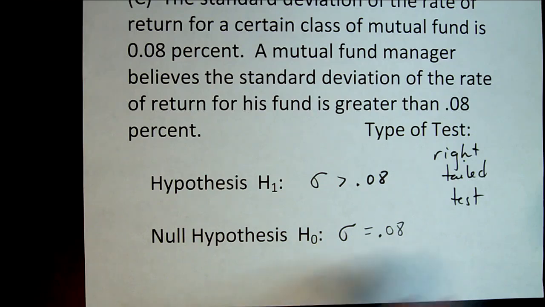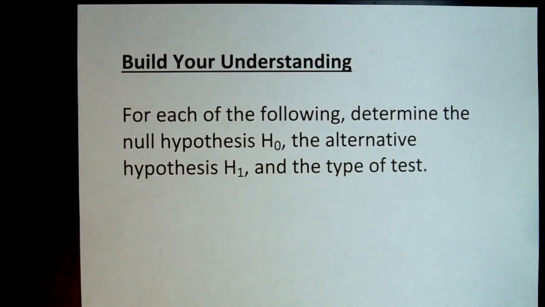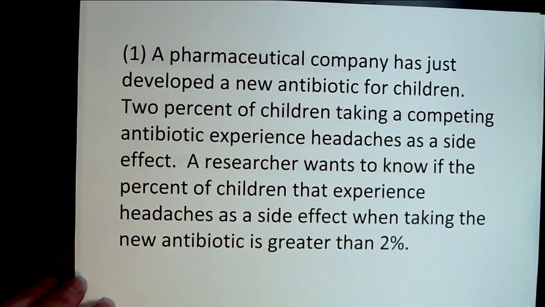Okay, so having gone through all that terminology, I'm going to give you a chance to do the exact same thing with a few examples. For each of the following, determine the null hypothesis H0, the alternative hypothesis H1, and the type of test. So here we go.